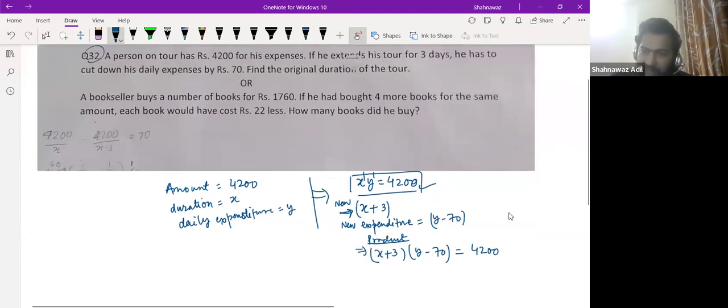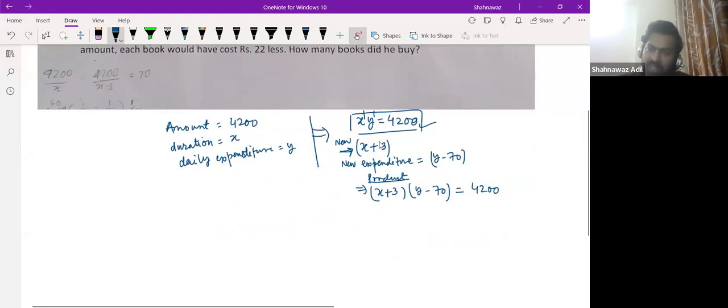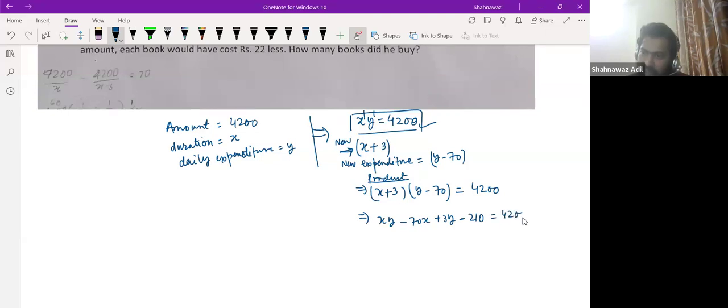So then what is happening? We have xy is 4200. If we solve this, we get xy, then minus 70x plus 3y minus 210, that is 420.